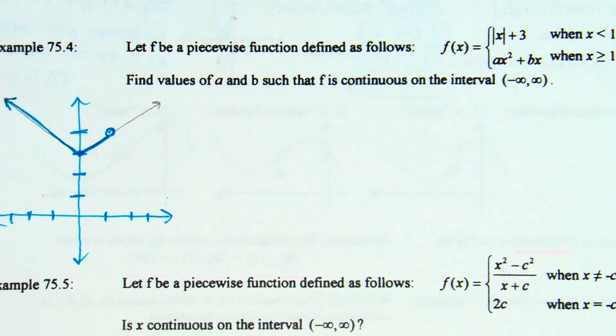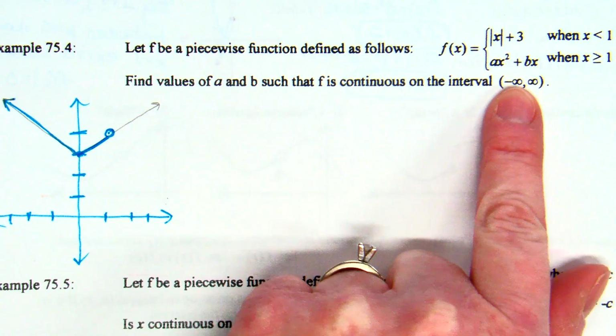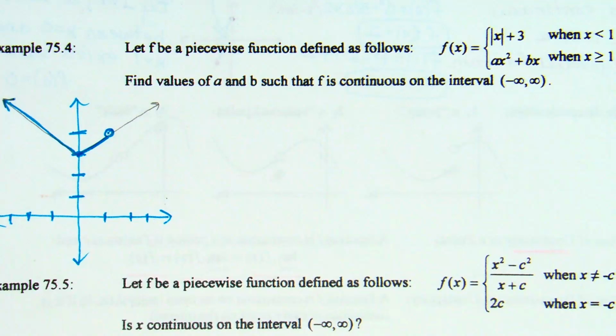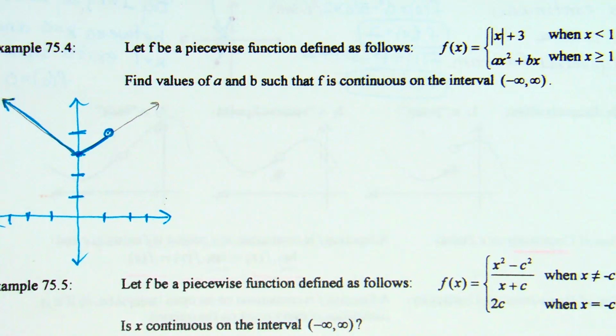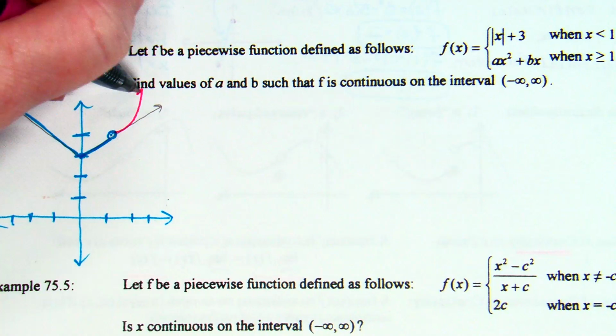What's my graph do to the right of 1? ax squared plus bx. So what is ax squared plus bx? A parabola, yes? Now, we don't know exactly what's going on with this parabola. We don't know a and b yet. But think about it. What are some options? My parabola could be curving up, right?